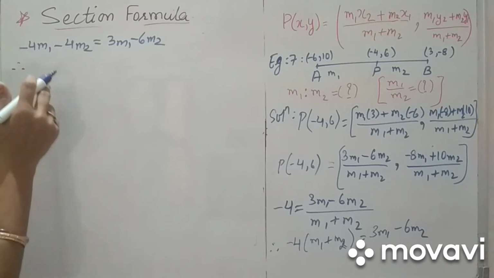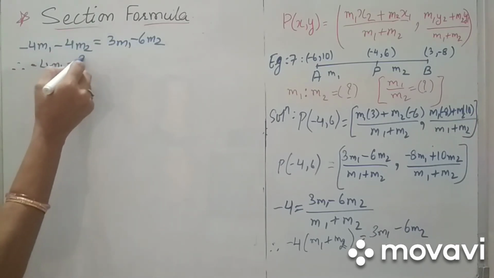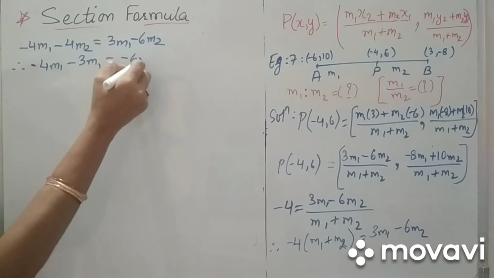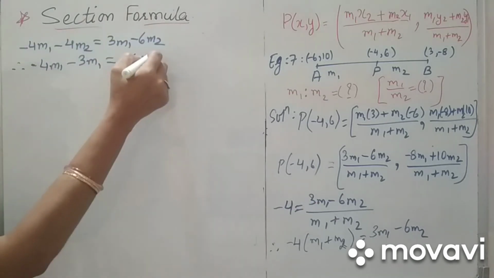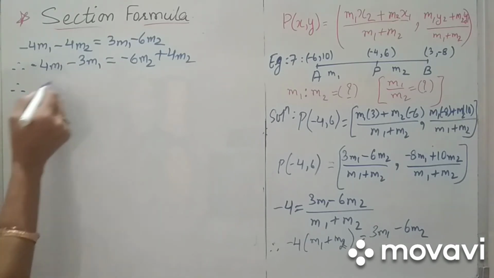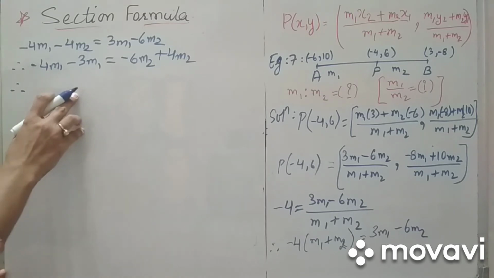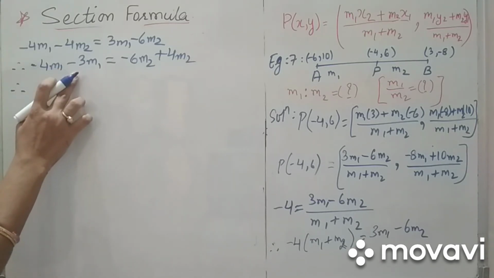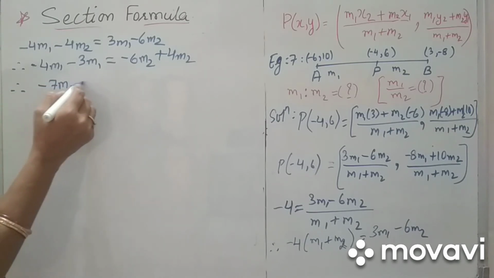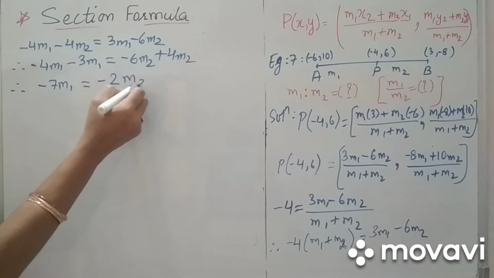Therefore, minus 4m1, this is positive, this will come negative, minus 3m1, minus 6m2, this minus 4 will go to the other side, it will be positive. Therefore plus minus minus, sign of the greater number. Sorry beta, here both are negative only. So minus minus plus. So minus 7m1 is equal to minus plus minus, sign of the greater, minus 2m2.